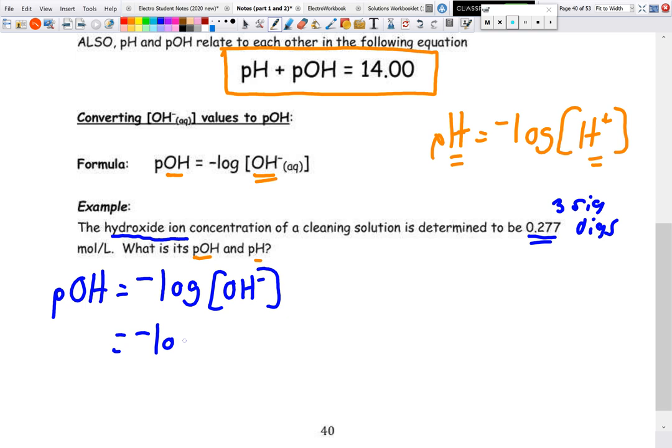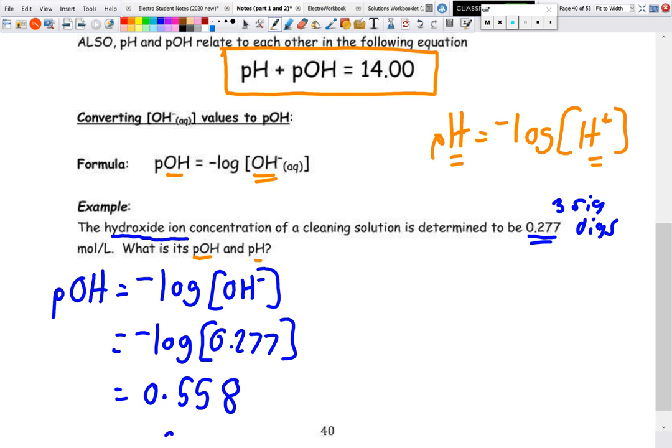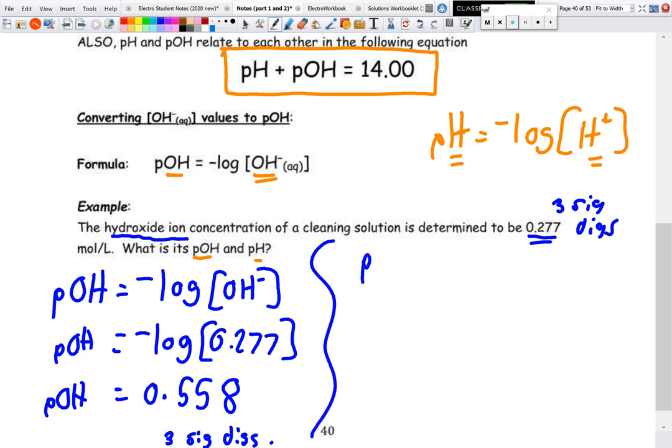So we go negative log 0.277, and we should get an answer of 0.5575... and rounding the last one, we get 0.558 for 3 significant digits. So this is the pOH. Now to get the pH, we're going to use this equation right here.